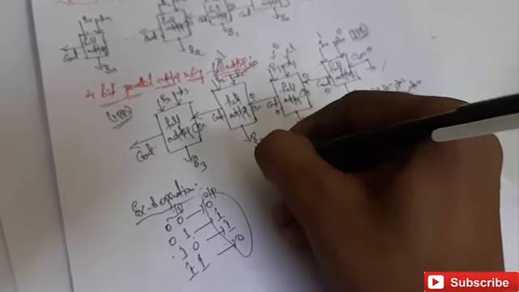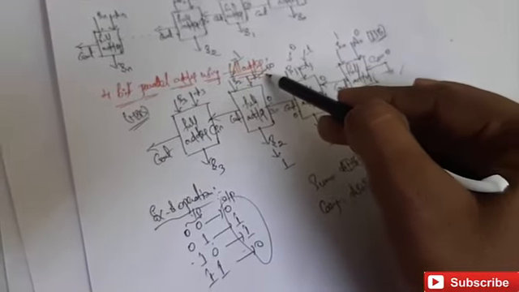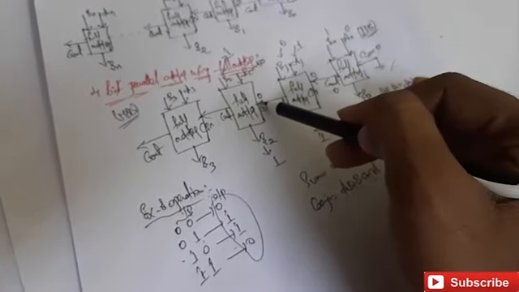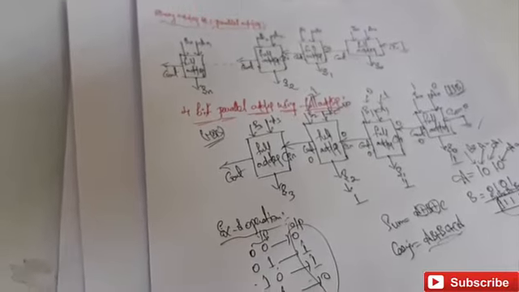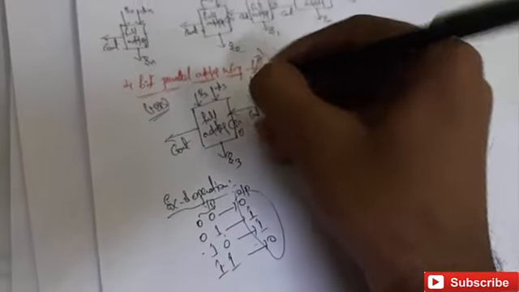Sum will become 1. For the carry, 1 into 0 means 0, 0 into 0 is 0, 0 into 1 means 0. Here the carry will become 0. Now we will give this 0 as an input to the next full adder.